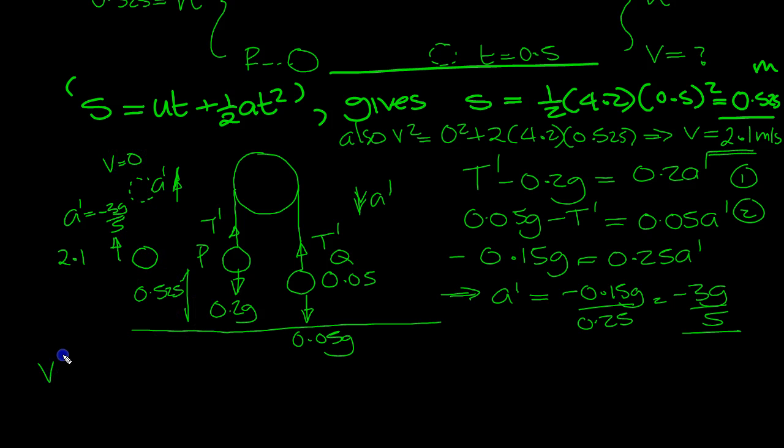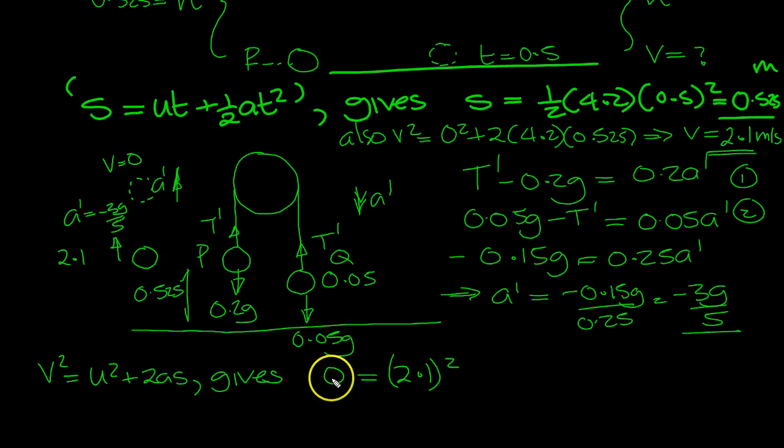So v squared equals u squared plus 2as then gives 0 squared is 0, u squared is 2.1 squared, plus 2a, minus 2 times 3g over 5 is 6g over 5, times the distance s.